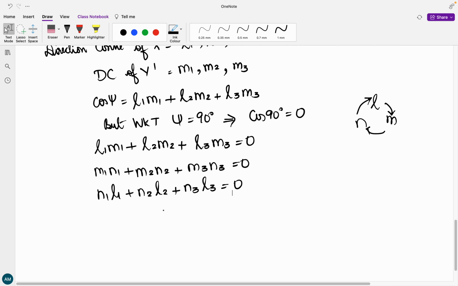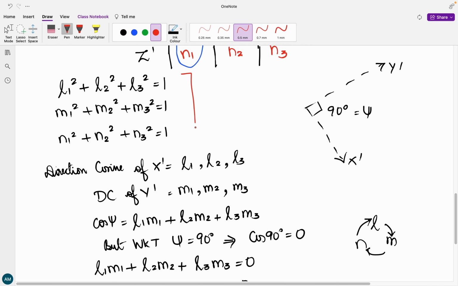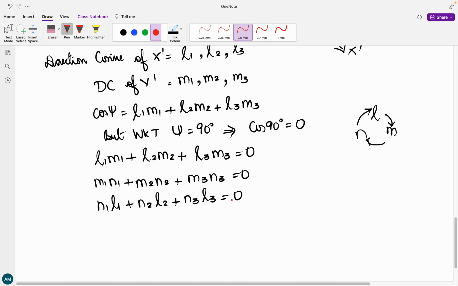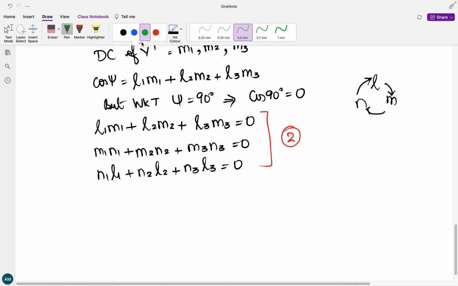Alright, so I can call this equation 1 entirely, and I can call this equation 2 entirely.